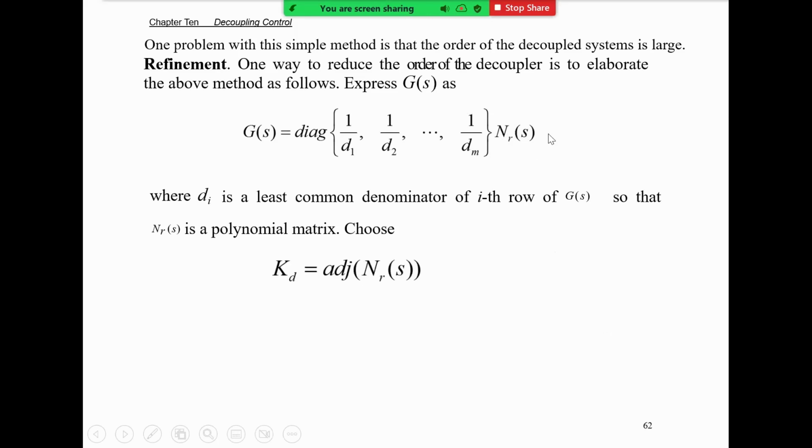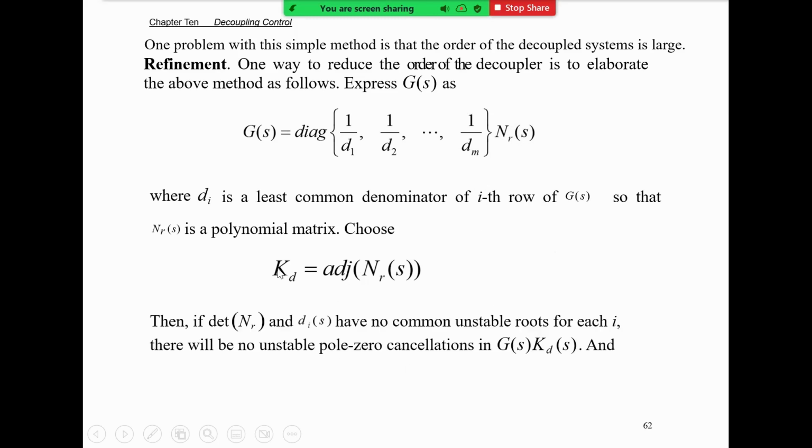Then, just as before, we choose KD as the adjugate matrix of NR. Because NR times KD will be the determinant of NR times the identity matrix. That will make it decoupled.